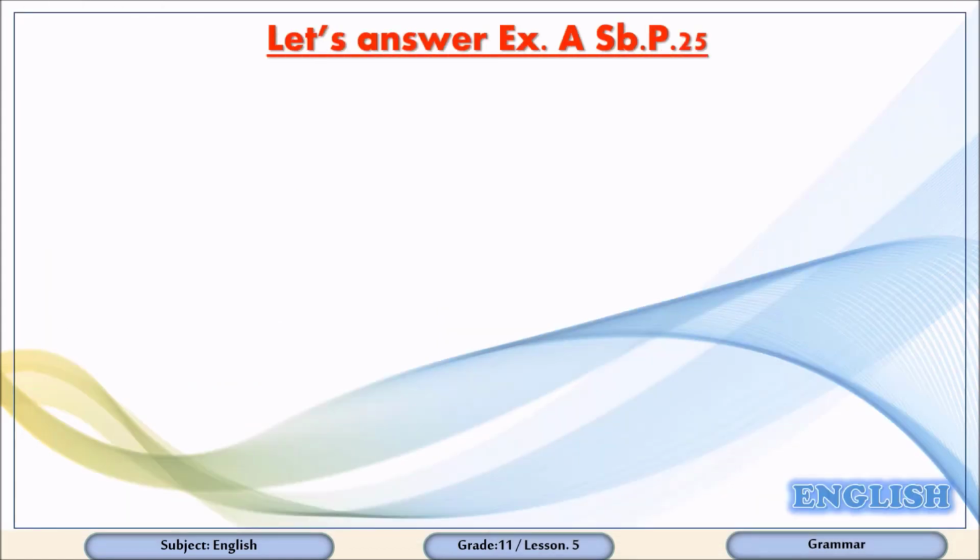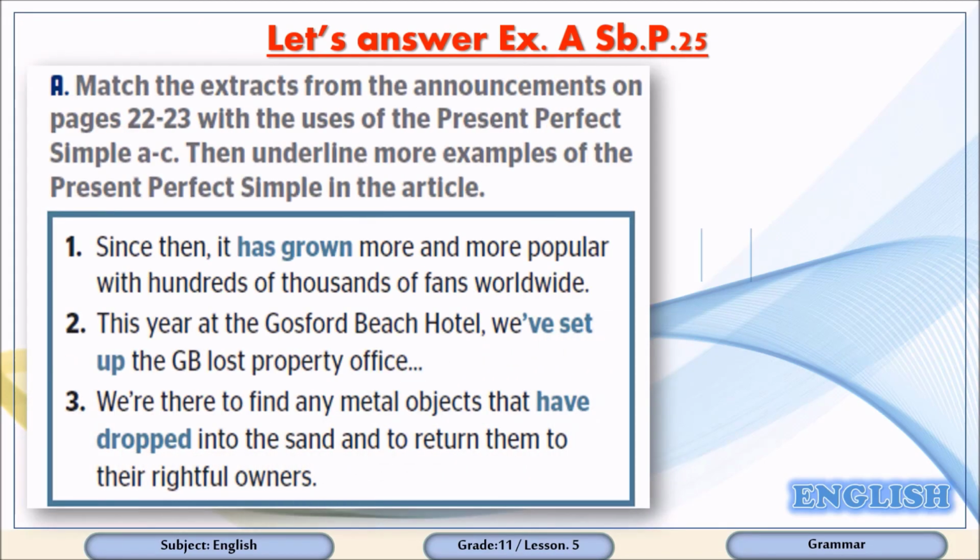Dear students, now let's check the answers. 1. Since then, it has grown more and more popular with hundreds of thousands of fans worldwide. It goes with indication C. 2.